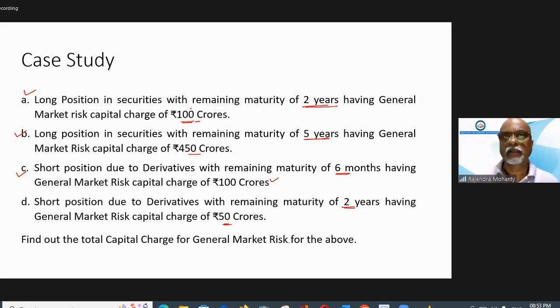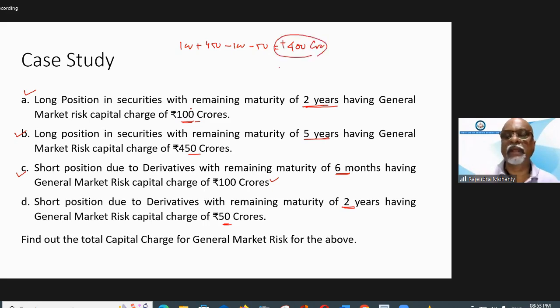400. So this is the 400 you are keeping, but you have to calculate the capital charge for general risk in addition to this 400. The 400 is the algebraic sum of all the positions: 100 plus 450 minus 100 minus 50, which is plus 400 crore.